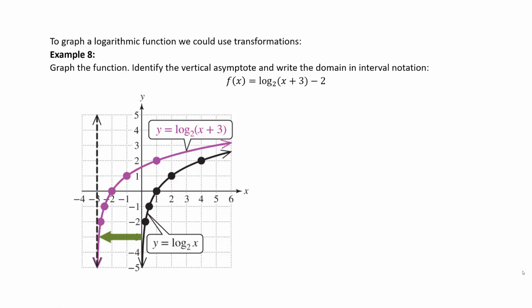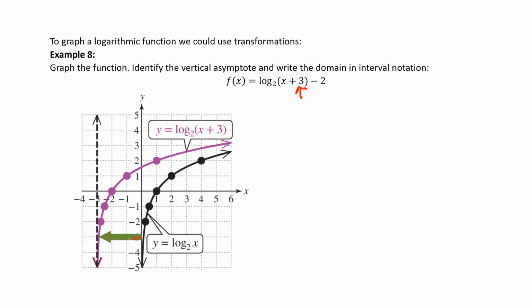We can graph more complex logarithmic functions just using our transformations. So here you've got f(x) = log base 2 of (x + 3) minus 2. You know the basic log base 2 of x function is this black function right here. We just graphed it a minute ago. Here you are adding 3 to your x, which means that you are translating the graph 3 units to the left.